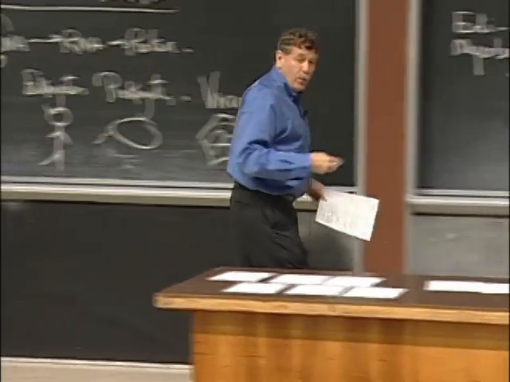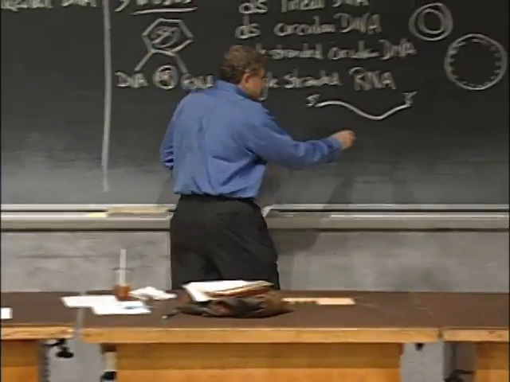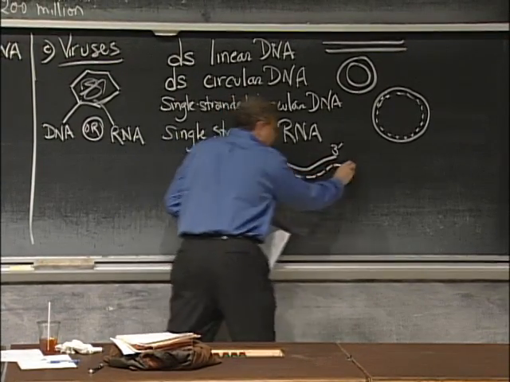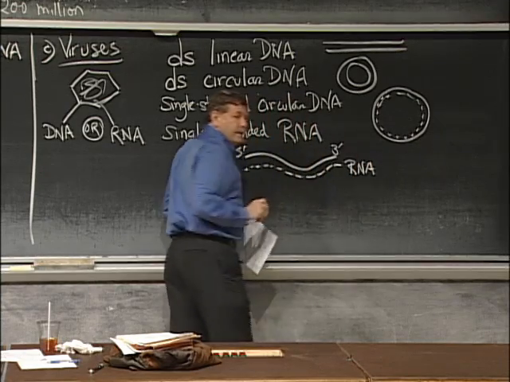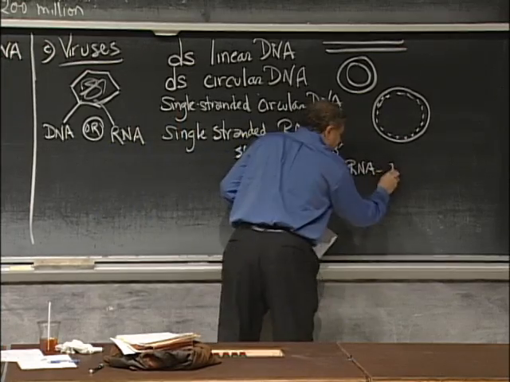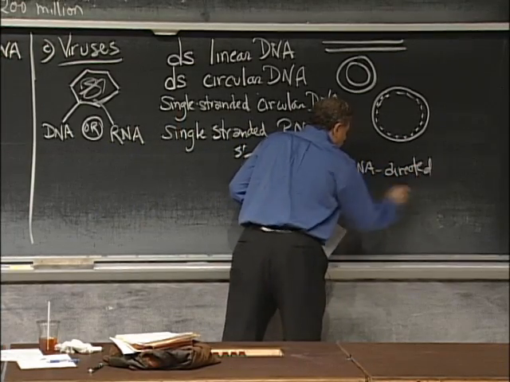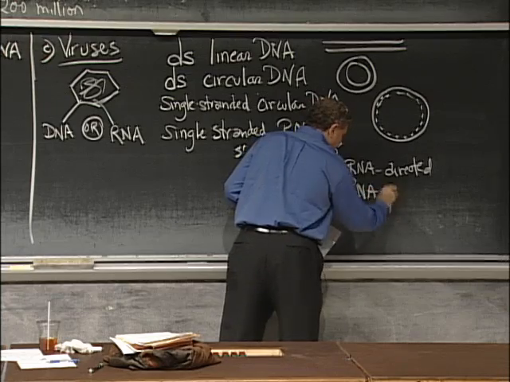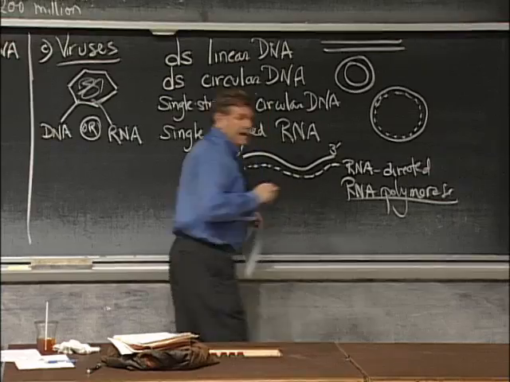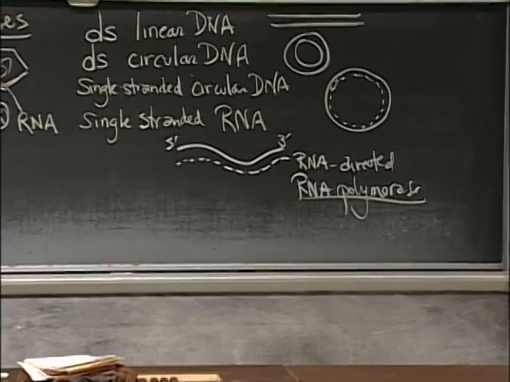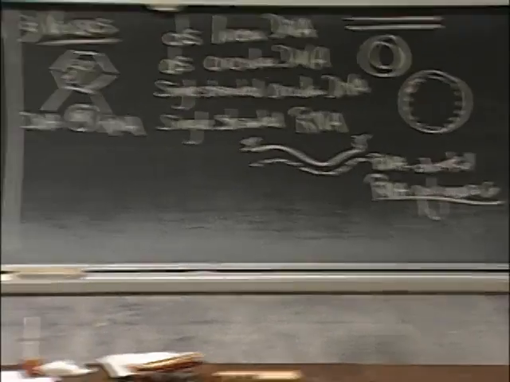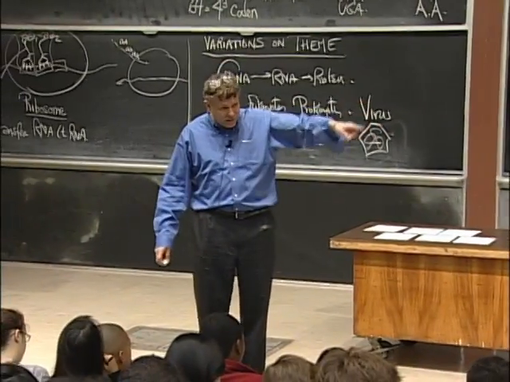So the way this works is this gets replicated into a strand of RNA. It makes double-stranded RNA by an RNA-directed RNA polymerase. That's a kind of weird enzyme. It takes RNA as its template, and it makes another copy. It makes a strand of RNA to make it double-stranded, and then it goes back and makes another strand of RNA.